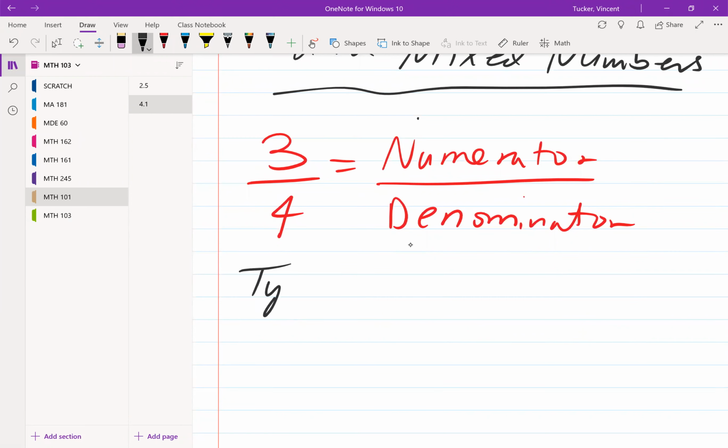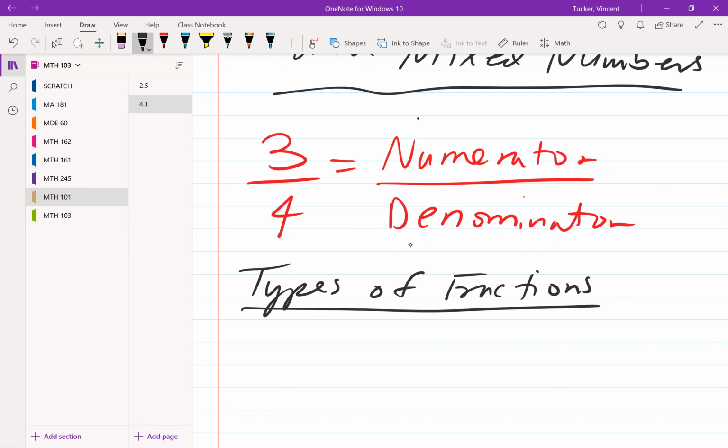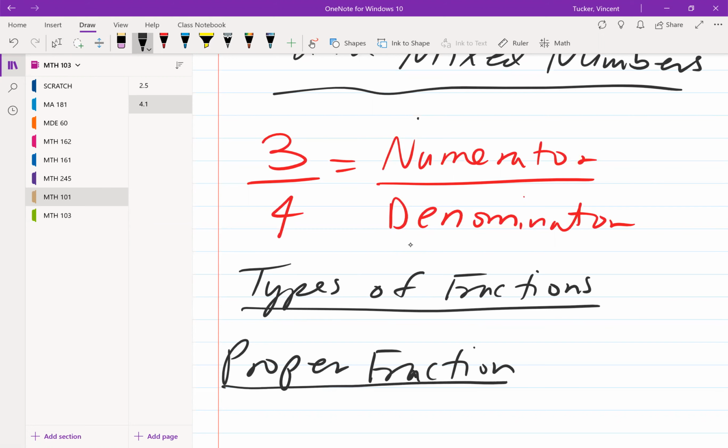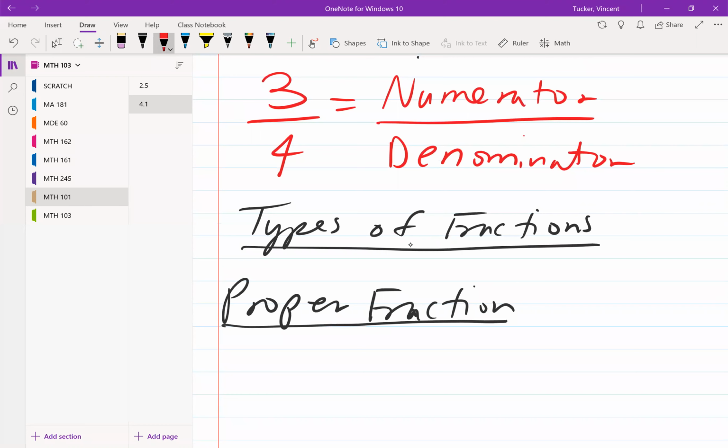The types of fractions. So we have a proper fraction, in which, let me write it this way. Sorry for the handwriting, trying to write the best I can on the screen.